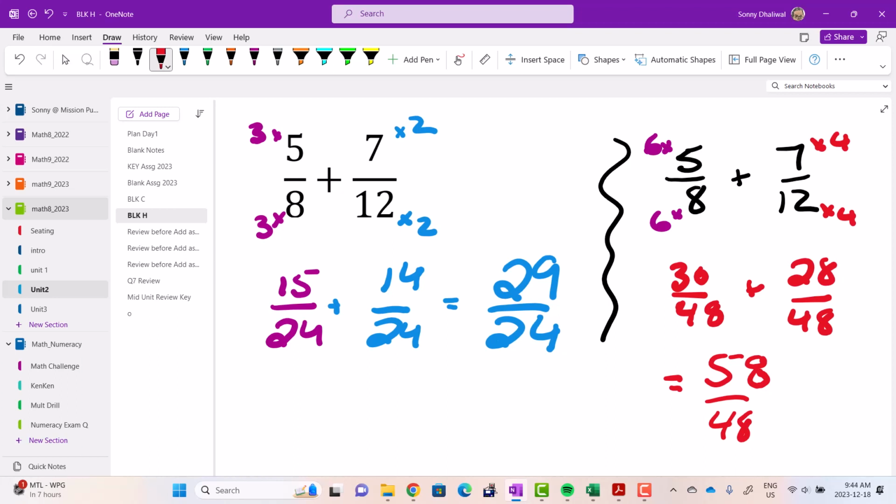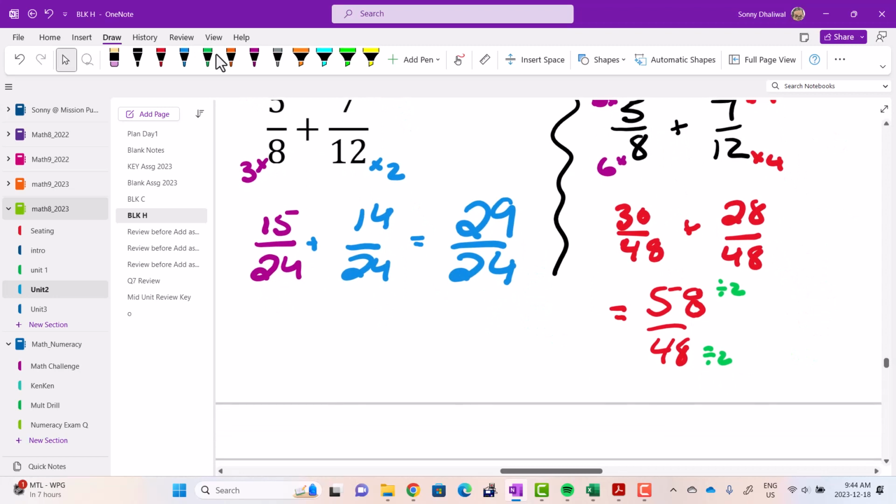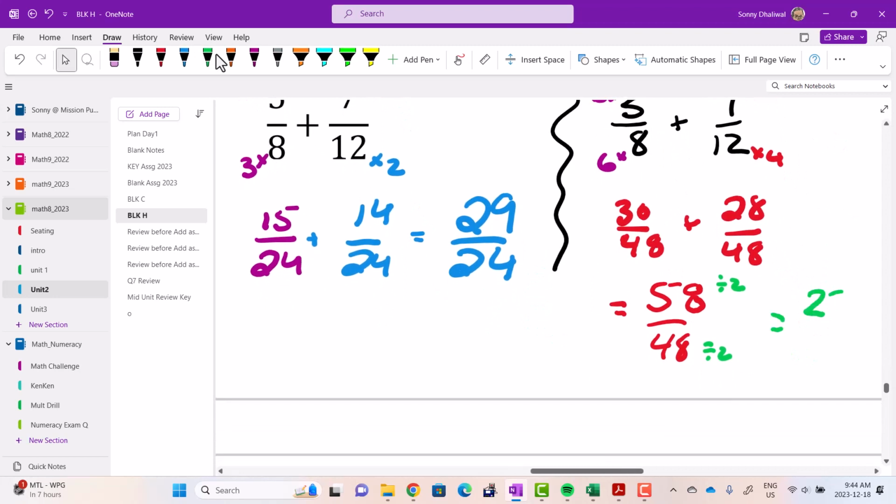Right? So we have an even number on the top, an even number on the bottom. We can divide both of these numbers by 2. And if we do that, we get 29 over 24. The same answer.